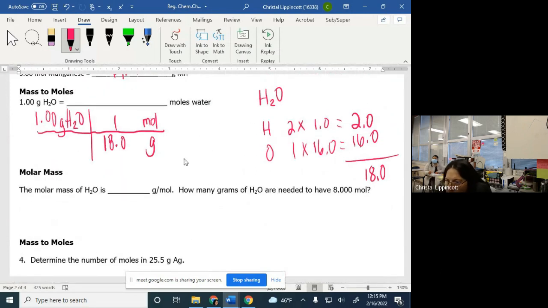Okay, so our answer here is 1/18, which, so we need 3 sig figs, 0.556 moles. Okay.